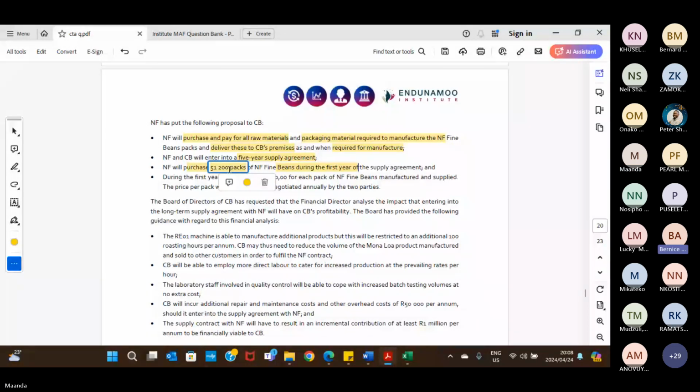Before I answer, are the packs the batches? I just want to find out. No, the packs are the units. It cannot be affected by the batches, which we've read about in the background. When we say a batch, we're saying we produce in a batch of 10, so in units of 10.